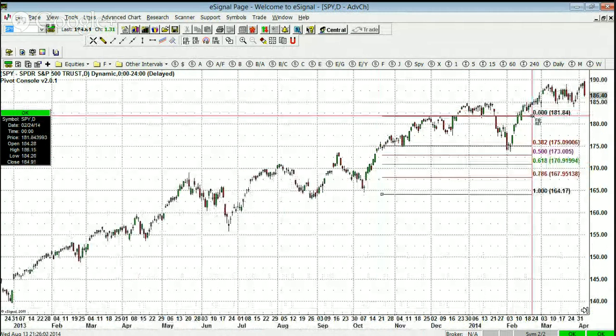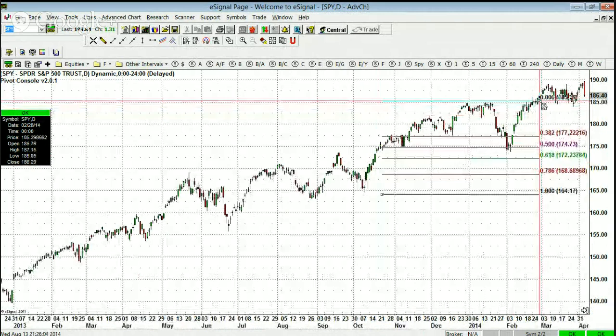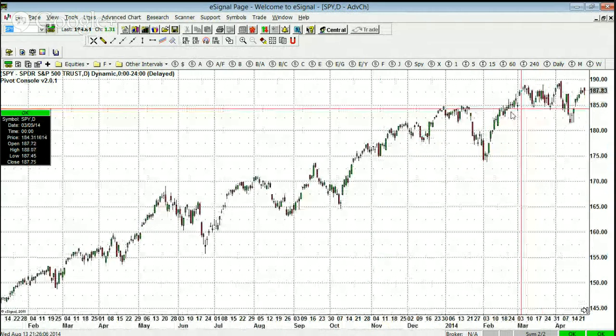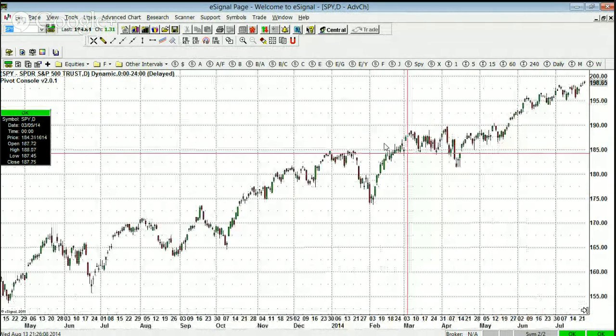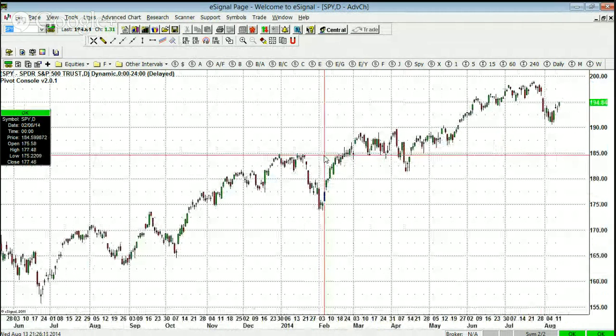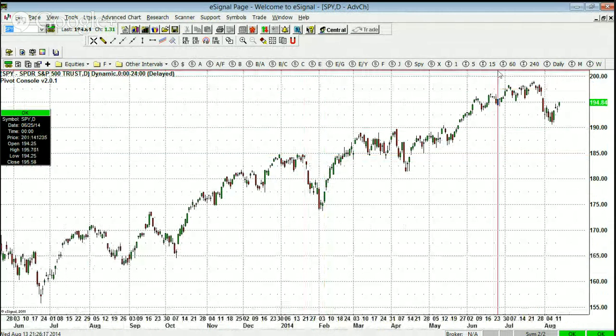From here in February, the market made a new low, a dip, and went up again. So you could have just ridden this trend over and over, just using these simple signals that I teach in the course also.